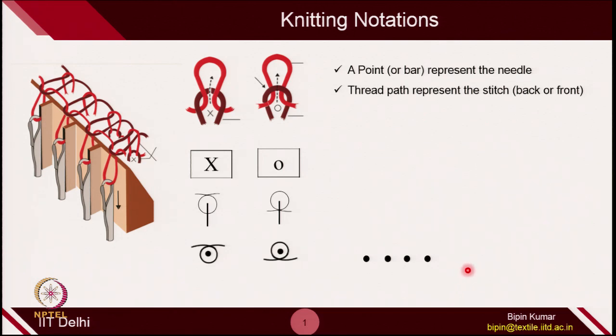In the first course, for example, 4 needles have been operated. This represents the first course where the needles are placed in parallel. Similarly, in the second course also, and third course also, and so on. Depending on how many courses you want to run on the machine, you represent the needles in sequential order.